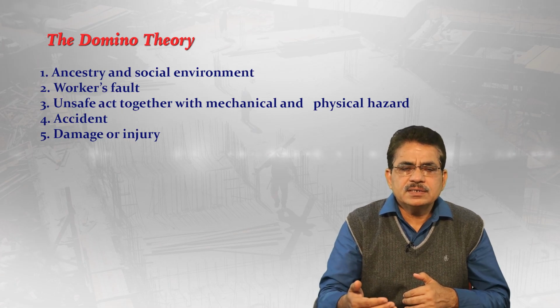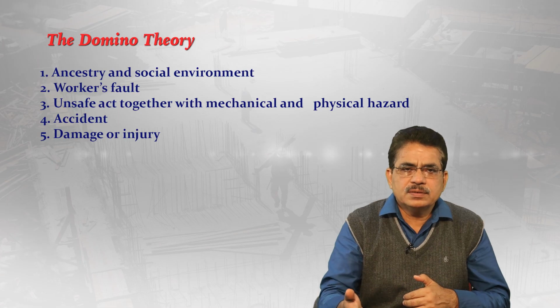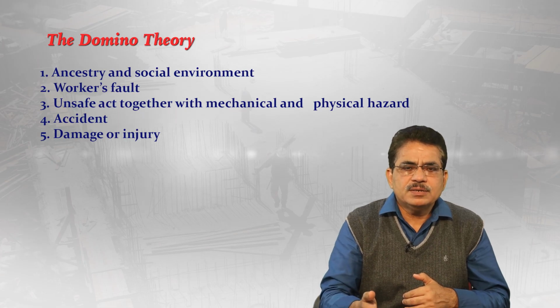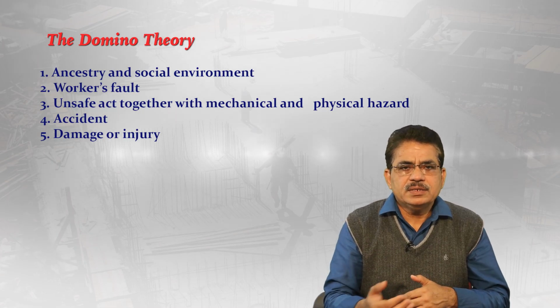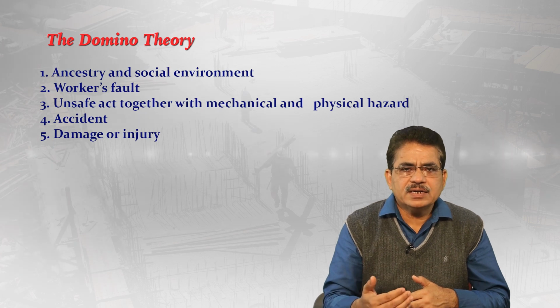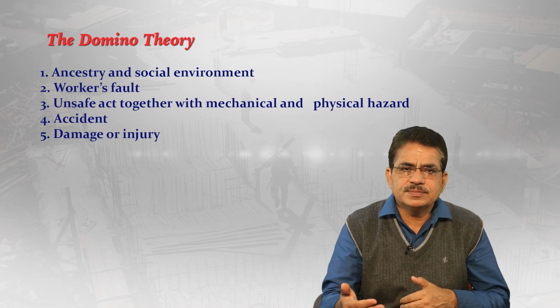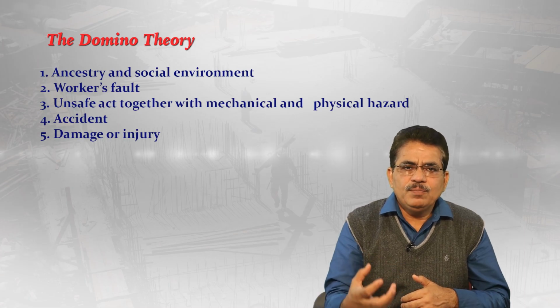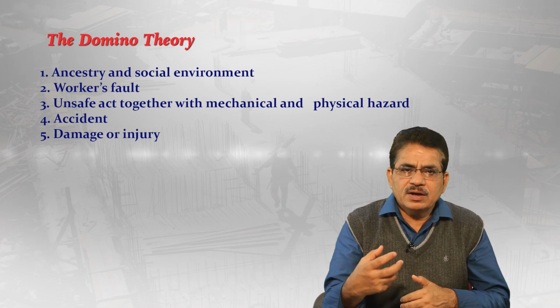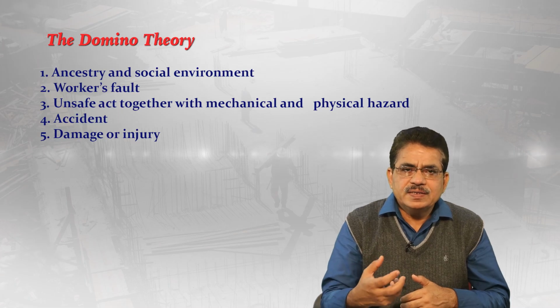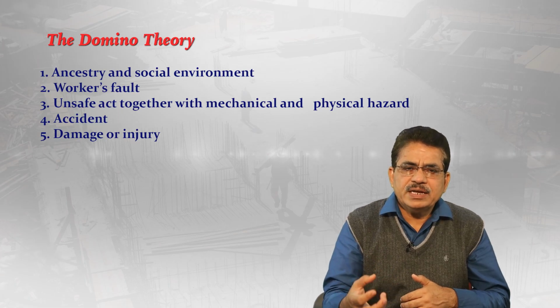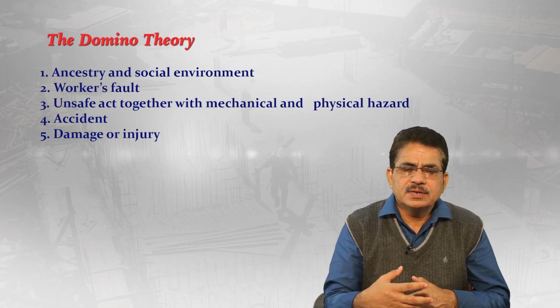Then the second one is the worker's own fault. Workers are doing something faulty at the work site. Then the third one is unsafe act together with mechanical and physical hazard. That is, employees are doing something unsafe and there may be some mechanical and physical hazards also there.